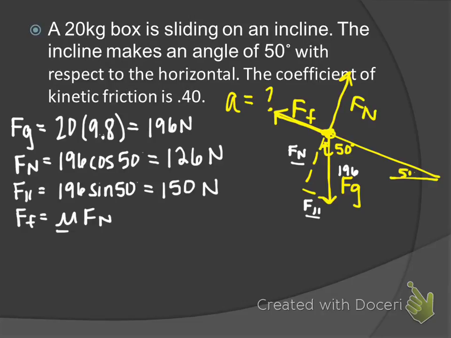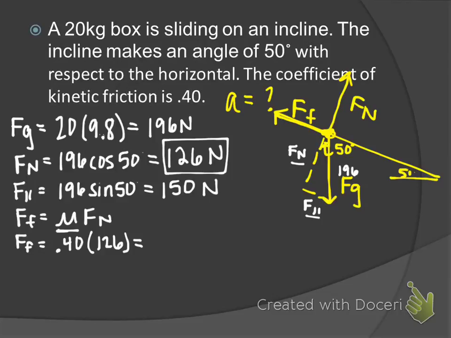This is the coefficient. So I'm going to go ahead and solve for the frictional force before we put anything into our net force equation. That way we can just plug in numbers when it's time. To solve for our frictional force, we take the coefficient, which they told us is 0.4, times our normal force, which we solved up here, was 126.